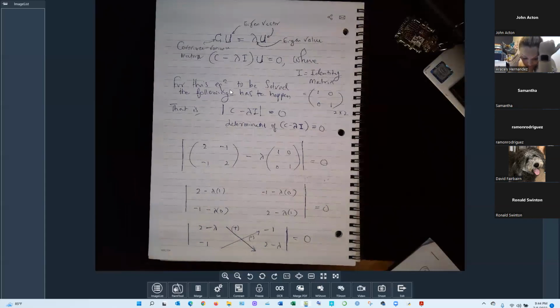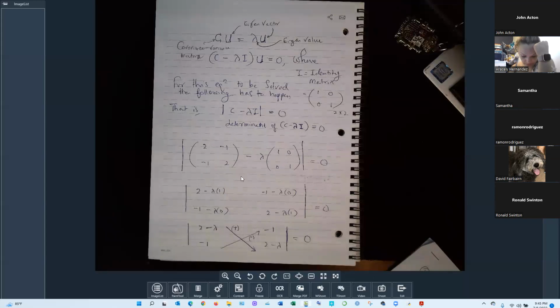See, for this equation to be solved, the following has to happen. The determinant, which means the size or the magnitude of this one, has to be 0. So C is nothing but the covariance matrix minus lambda times this one.